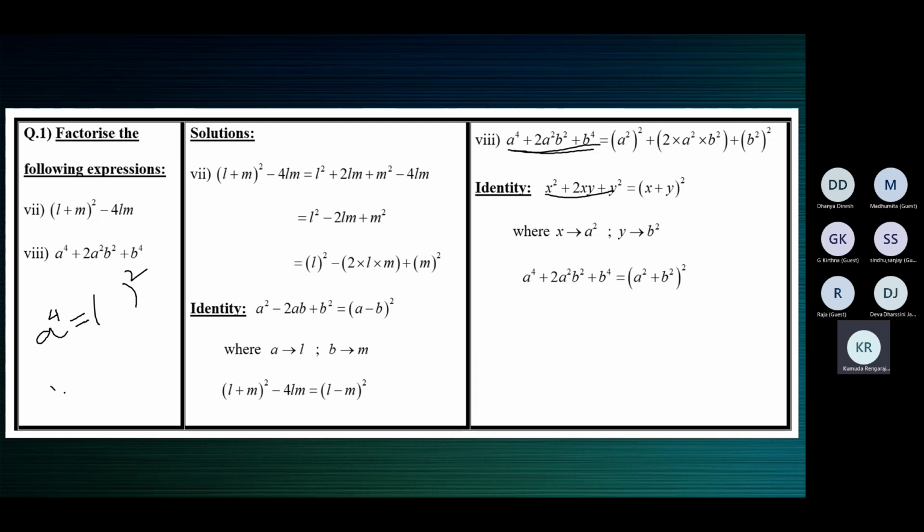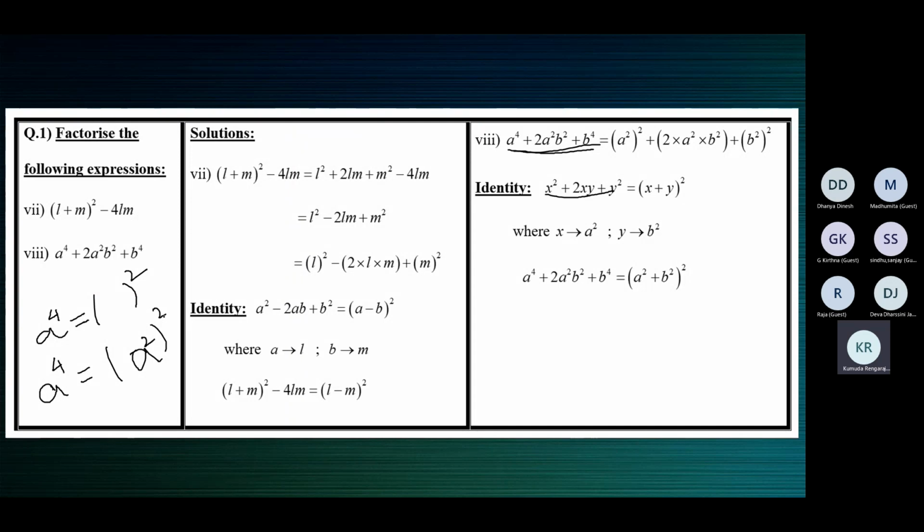So how do you make out it's a perfect square when you look at it? See, now you know that a to the power 4 can be written as something, the whole square. What is that something, children? I think somebody answered. A square. Whatever you write, when you simplify, you should get a to the power 4. That's all.